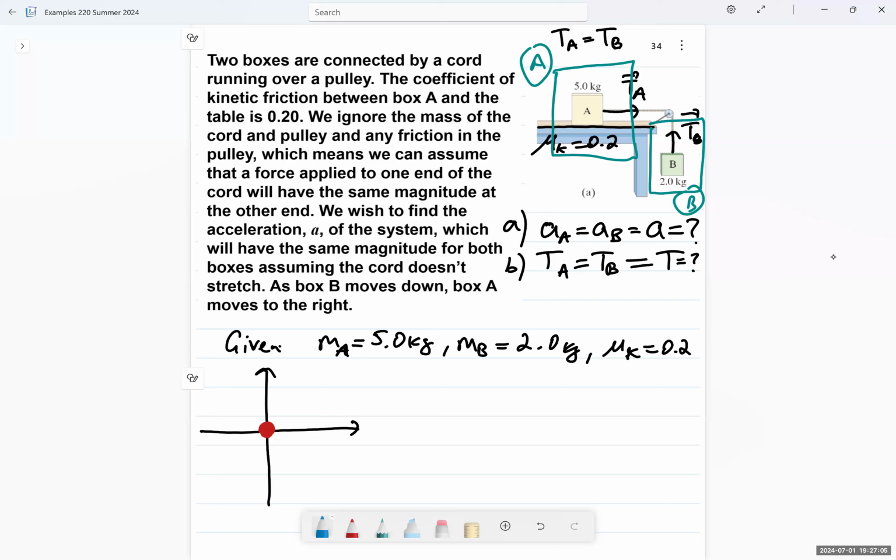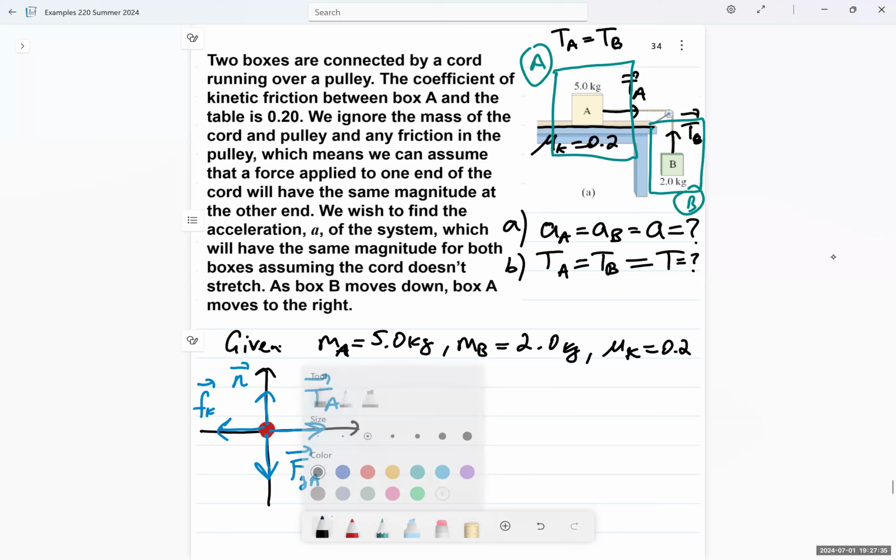All right, so there's obviously a cord to the right, so there's a tension T_A. There's the Earth exerting gravitational force, so let's put this F_g of A, or you can put W_A for the weight. And obviously a normal force acting up, and then kinetic friction, to the right.